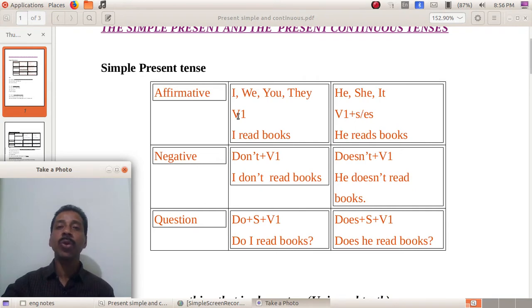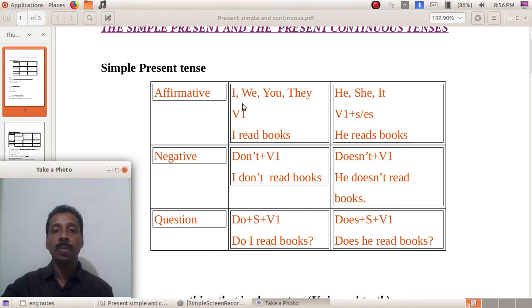And this V1 form is used with I, we, you and they. And he, she and it, these third person singular pronouns, use V1 plus S or ES in simple present tense. Even though we say this V1 plus S or ES is the singular form, it is used only with the third person singulars.